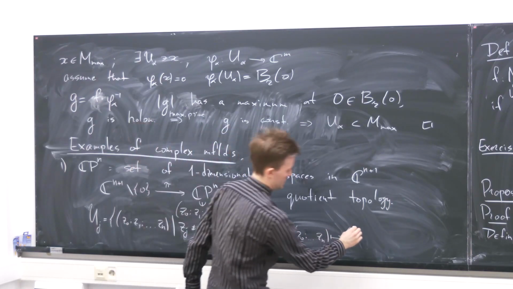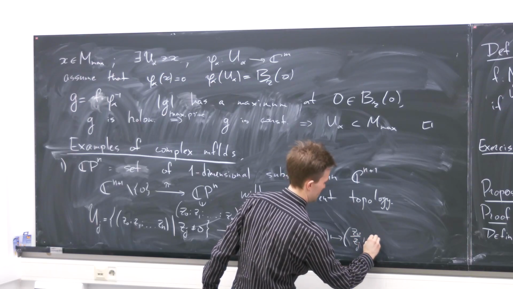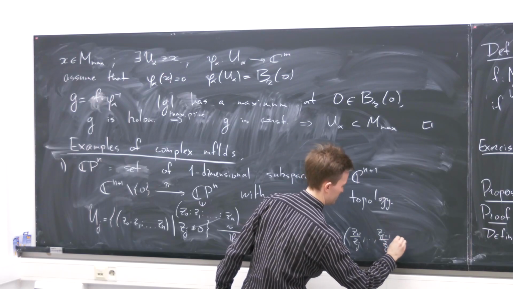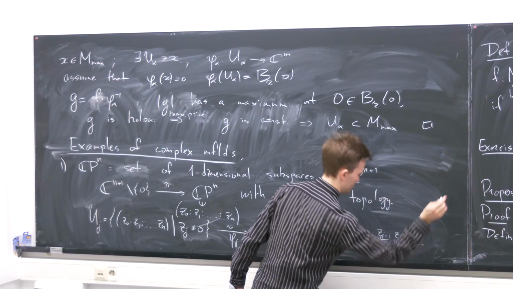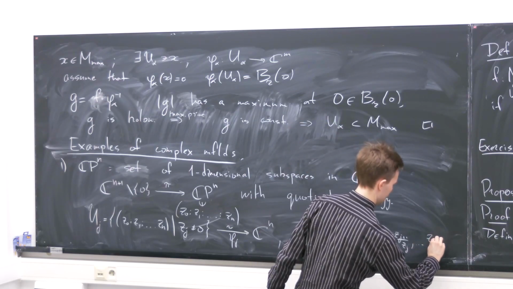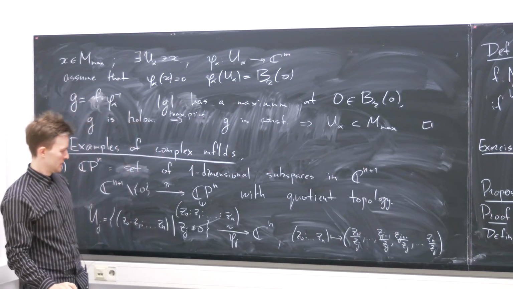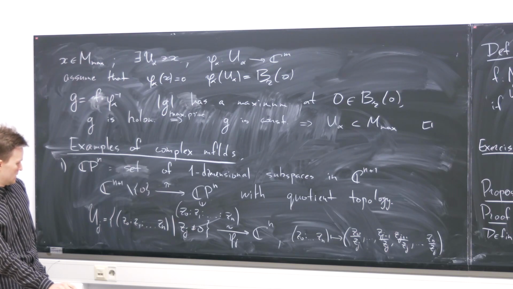So we just divide everything by zj. Like this. Okay, so this is a homeomorphism, as one can easily see.